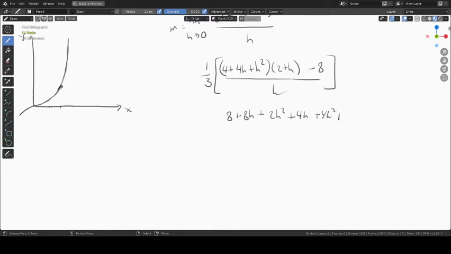And then we got plus h cubed minus 8. And then we divide the whole thing by h. Don't forget the 1/3 multiplied by the whole thing.